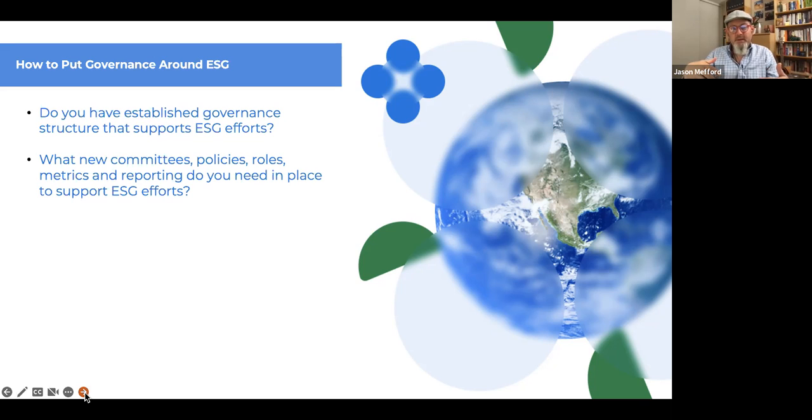Or is this something that's brand new, right? Maybe you haven't been doing CSR, you haven't been doing GRC, you haven't been doing some of these other things. And so you do need to actually start establishing some sort of governance around these initiatives, or at least governance that is more inclusive and is going to start to pull some of the other people together that we're going to be talking about here soon.